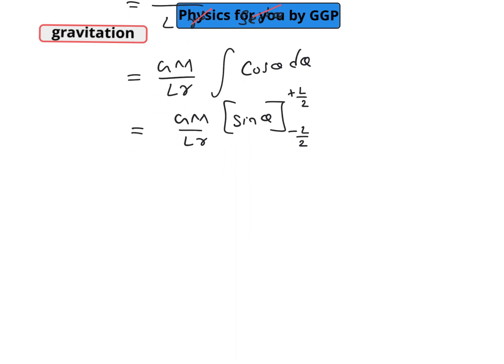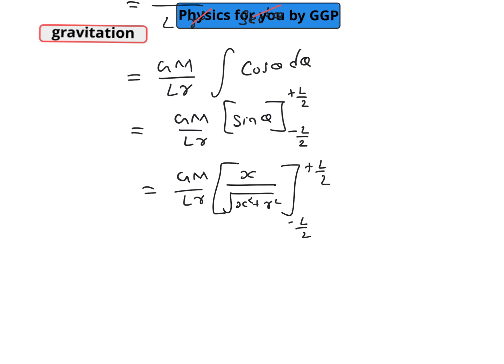To substitute the limit, we write sin theta in terms of our variable. Sin theta in terms of x is x divided by under root of x square plus r square, with the limit from minus L by 2 to plus L by 2.